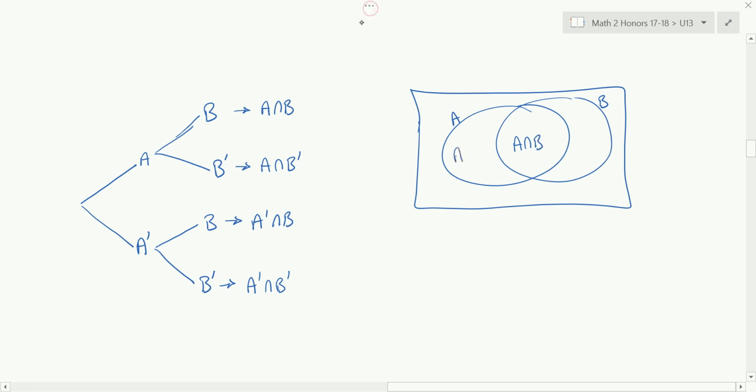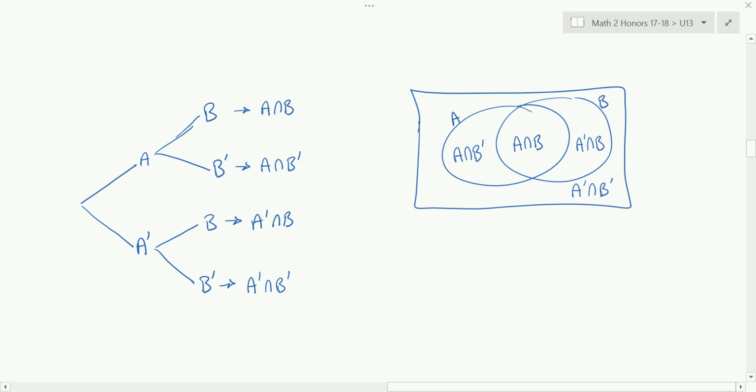This would be A and not B. And this one would be not A and B. And out here would be not A and not B. And so you have those 4 spots in the Venn diagram, the same 4 destinations that you can have in your tree diagram, right?